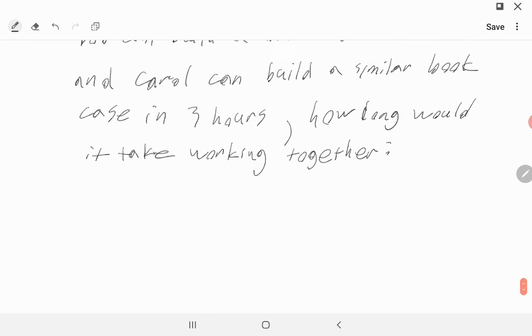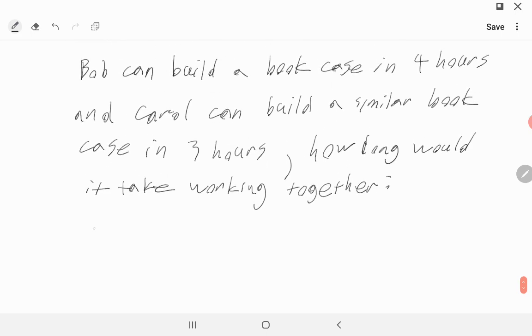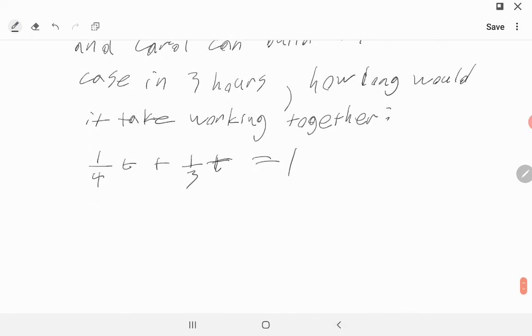The idea is we think of Bob gets 1/4 of a bookcase built per hour times some length of time. Carol gets 1/3 of a bookcase done per hour times the same time. And we know how long it will take them to get one complete bookcase. And so this is again a rational equation. We notice that the easiest way is to multiply both sides by 12.